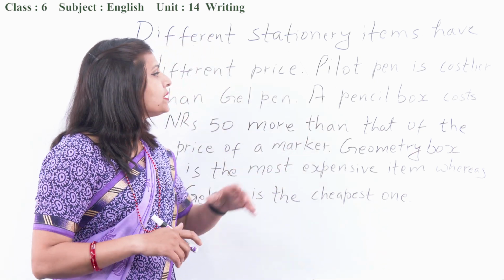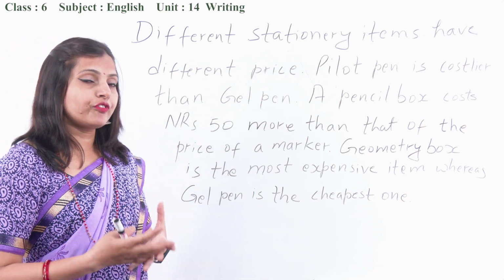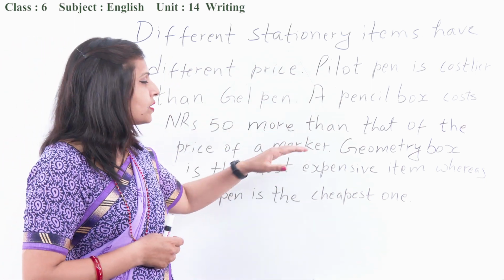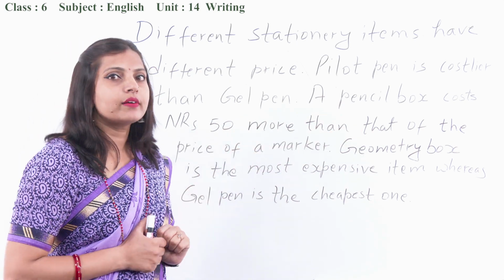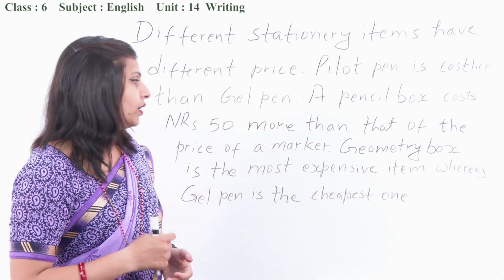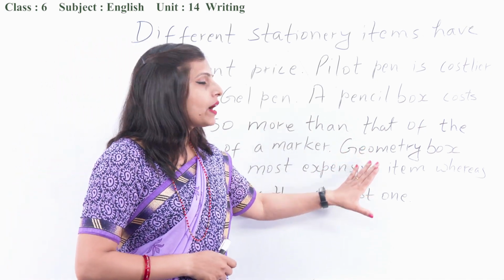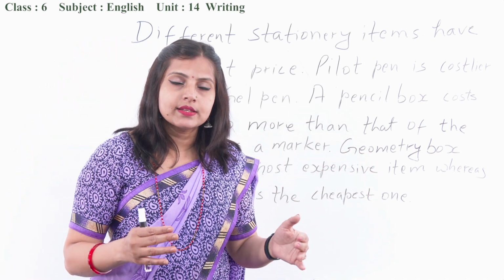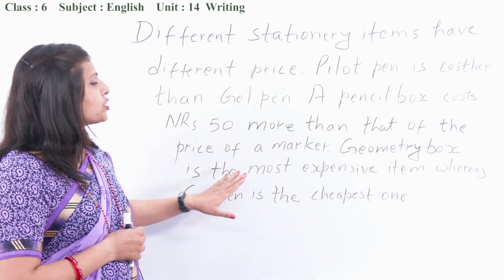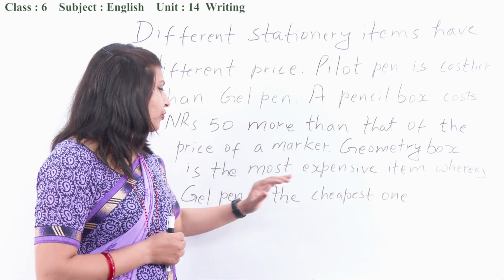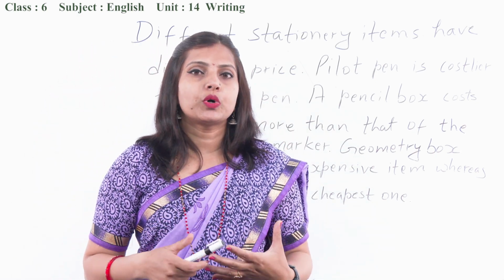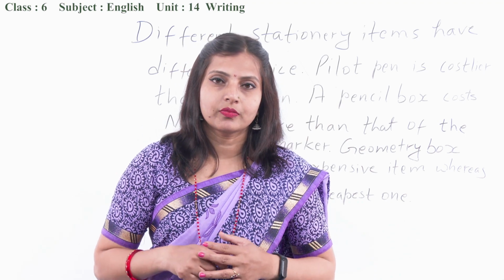A pencil box costs NRS 50 more than, you see, comparatives have been used, than that of the price of a marker. Then you should write the highest price and the lowest price. So geometry box is the most expensive item, whereas gel pen is the cheapest one. Cheapest one means cheapest item.